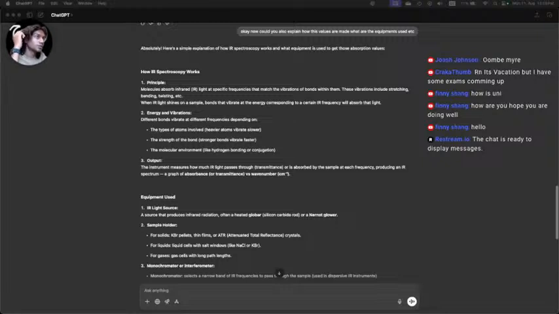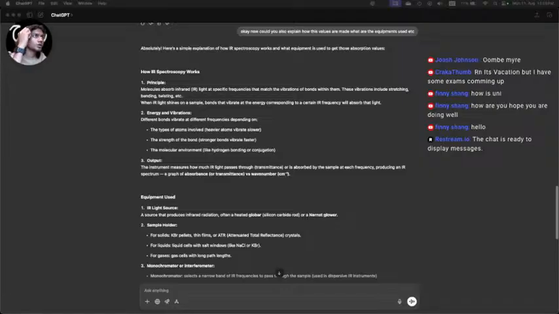IR light source, a source that produces infrared radiation, often a heater, globar, or a Nernst glower. Sample holder for solids, KBr pellets, thin films, or ATR, attenuated total reflectance crystal.